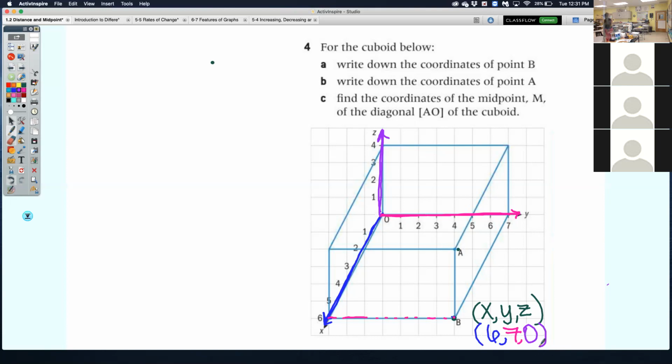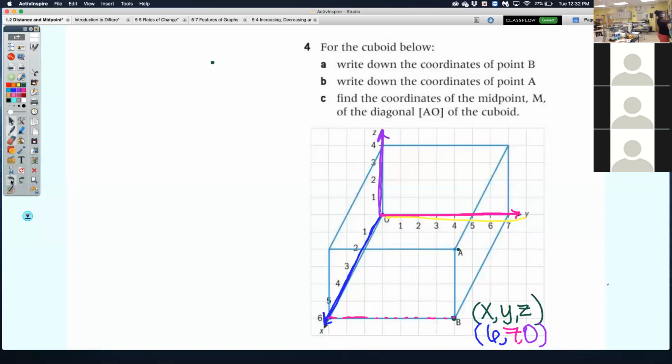But B is on the floor. B is on that X, Y plane down here at the bottom. So it didn't go up any. Does that make sense? What about y'all online? Never thought I had to explain this virtually.